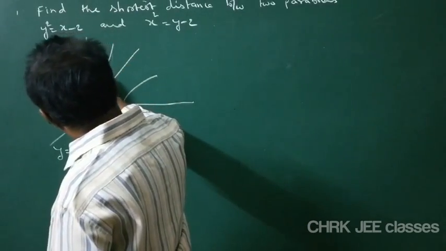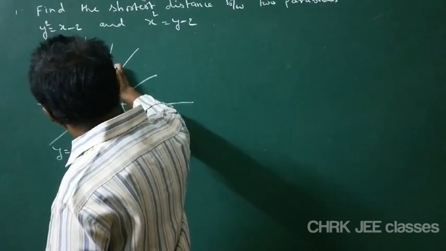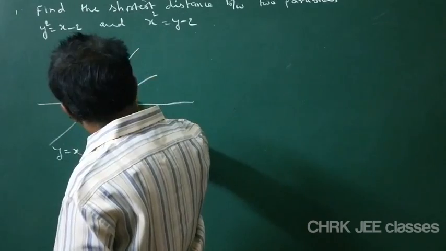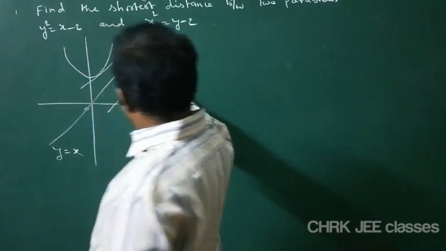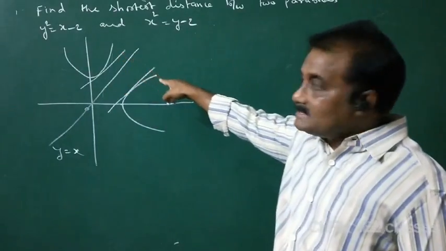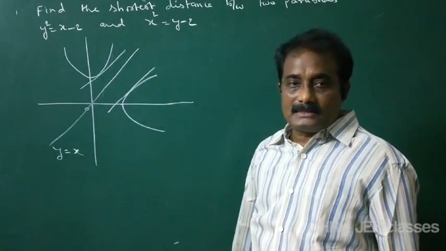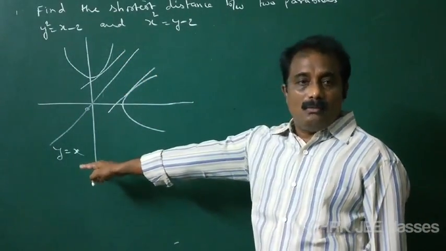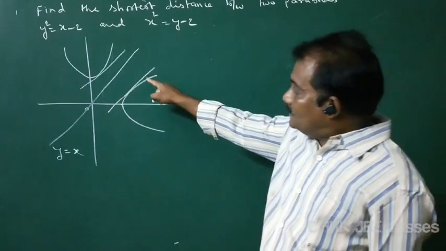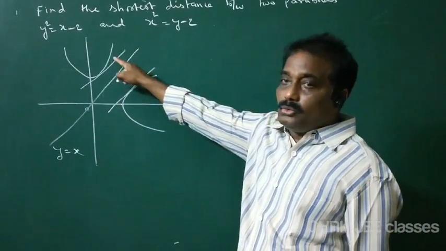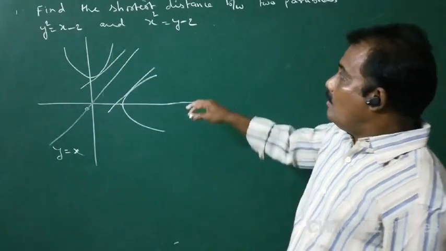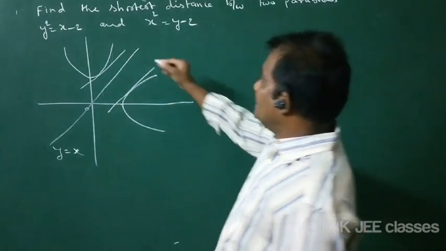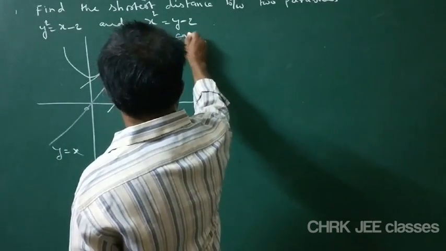For finding the shortest distance, now we have to draw two parallel tangents. These two tangents are parallel to the line y equal to x. What is the slope of the line? 1. That's why the slope of these two tangents is also equal to 1. Now, for finding the slope, we differentiate the equations of the parabolas.